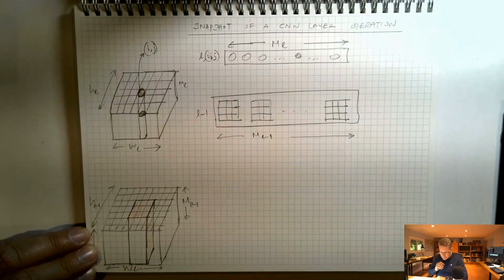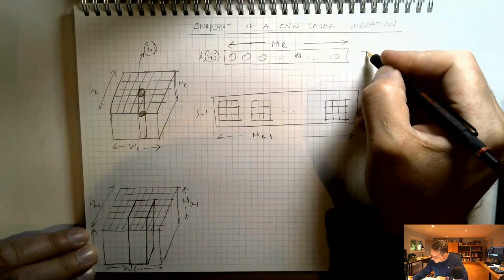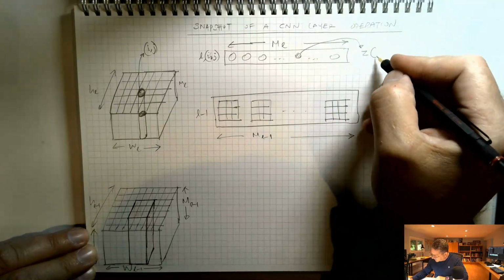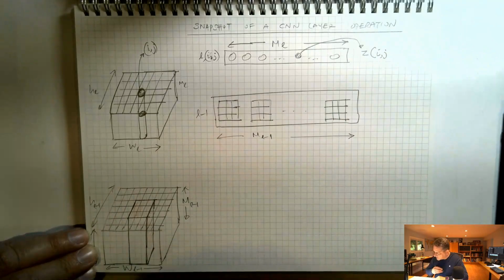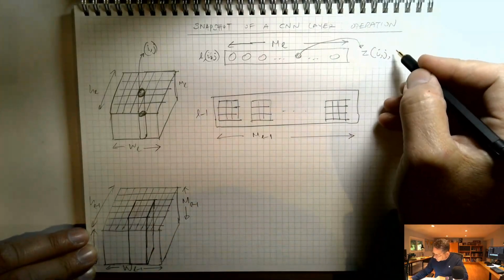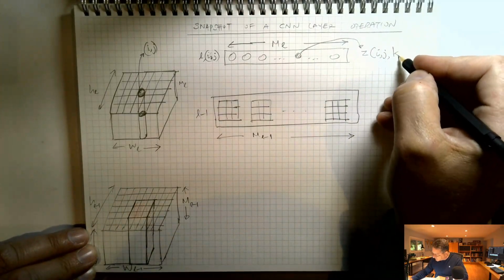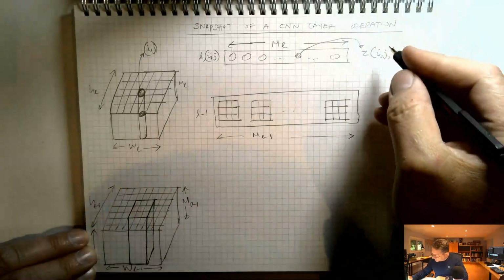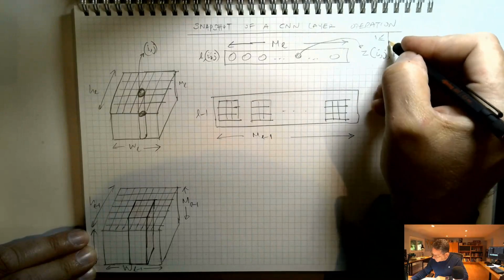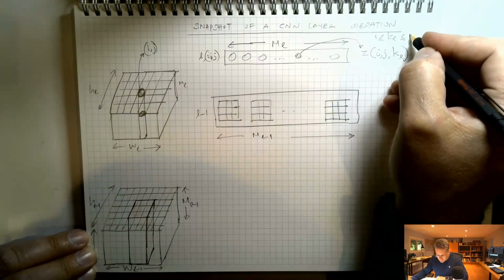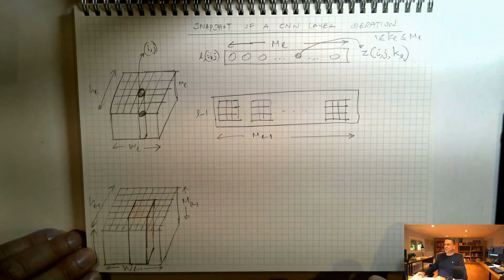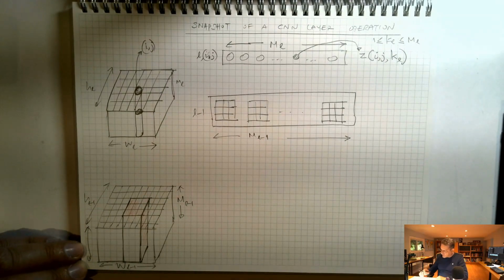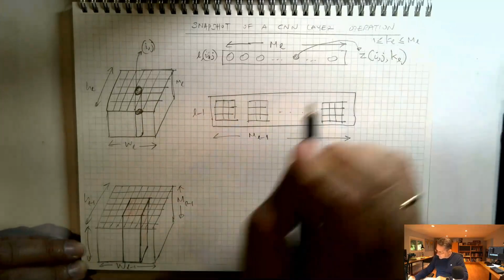This scalar is going to be represented by the letter z, and we'll have, evidently, i comma j as the spatial coordinates. We'll have a depth coordinate, which I will designate with the letter k_l, and evidently 1 is less than or equal to k_l, which is less than or equal to M_l. These are the values that the k_l index, which is the depth index, can take.